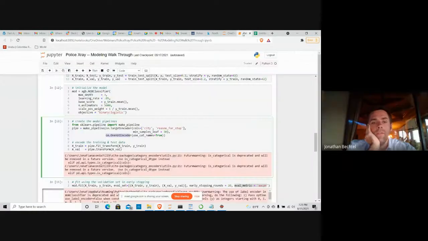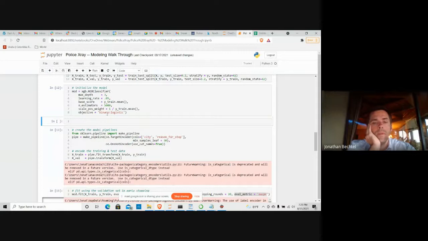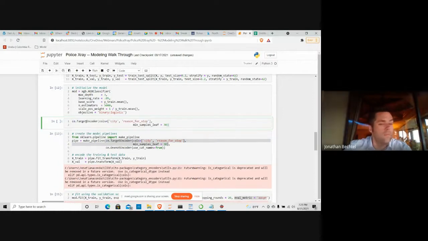Target encoding here is a little different than that. Okay, so target encoding, what it'll do. Just real quickly, one little demonstration here.